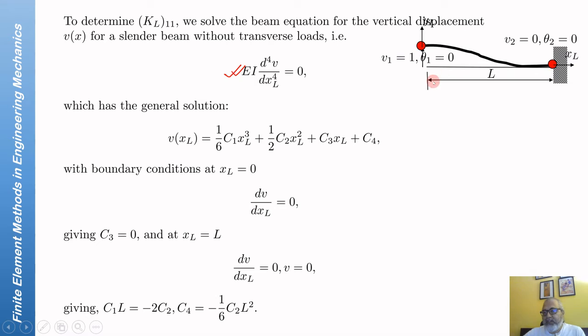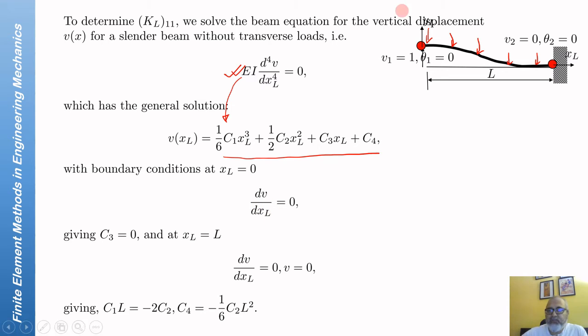Now let the length of this beam element be L, and this is equal to 0 because there's no transverse load applied in our beam element. It's a beam without any load, so this side is 0, and the solution to this fourth order ordinary differential equation is V(xL) equal to this, where C1, C2, C3, C4 are constants.